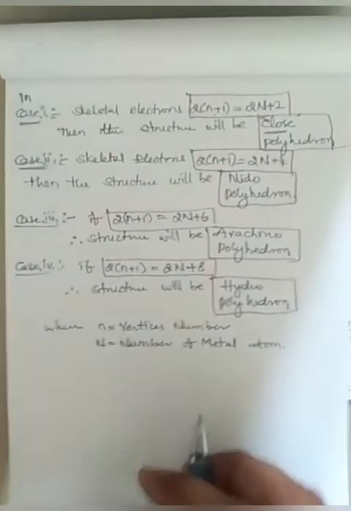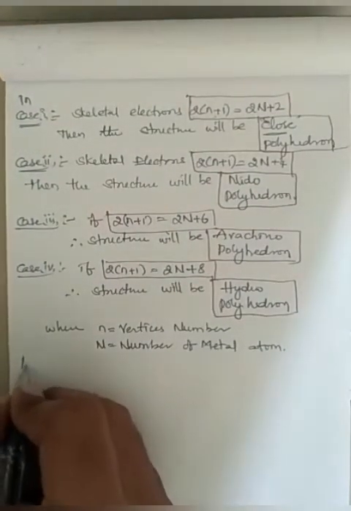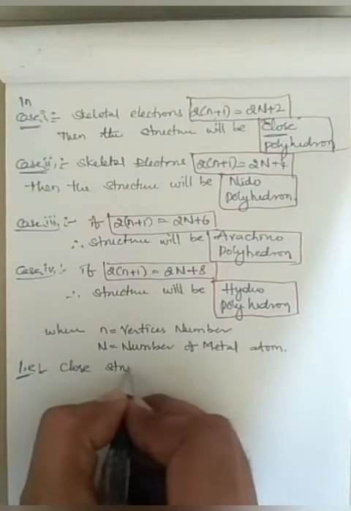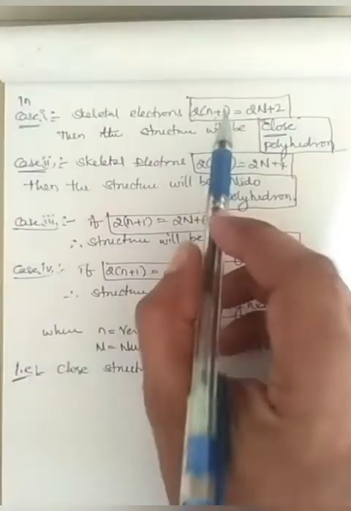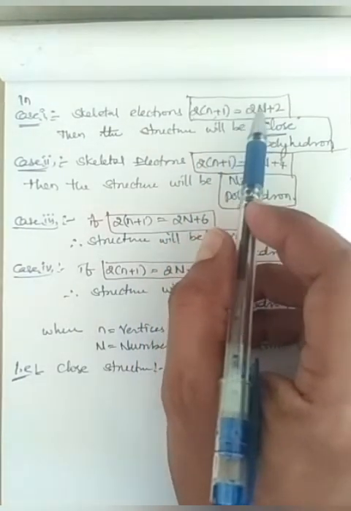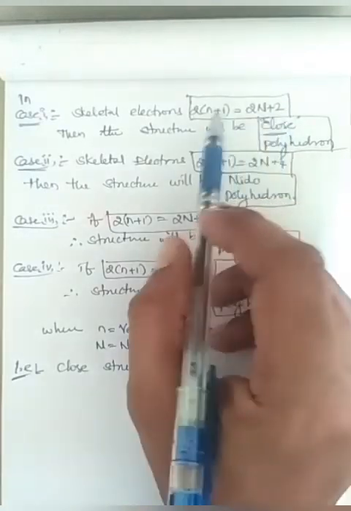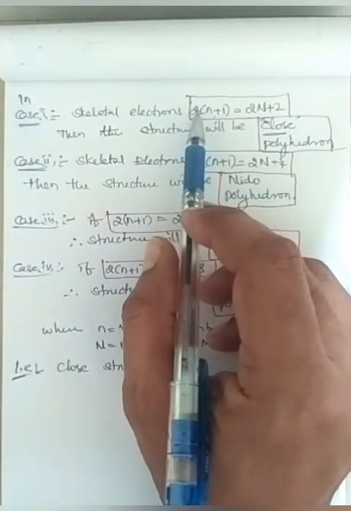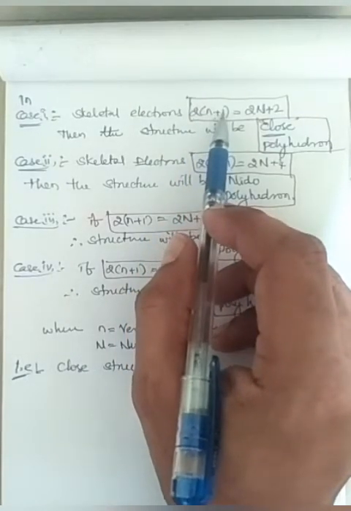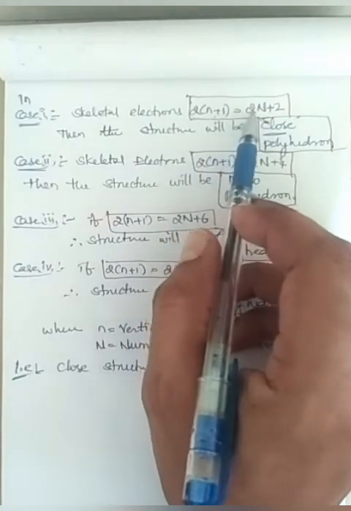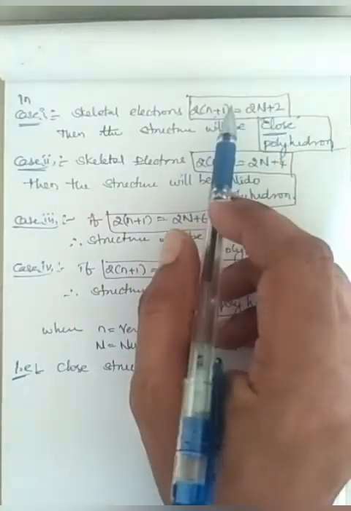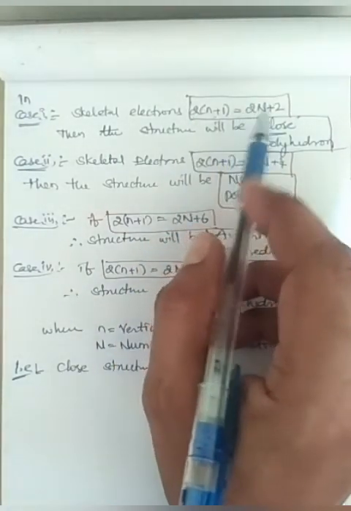Correct. So in these cases, when it comes to the closo structure, 2 into vertices number plus 1 is equal to 2 into metal number plus 2, where when we multiply, 2 into small n plus 2 equals 2 into capital N plus 2, where the 2s get cancelled and the multiplying 2 also gets cancelled.